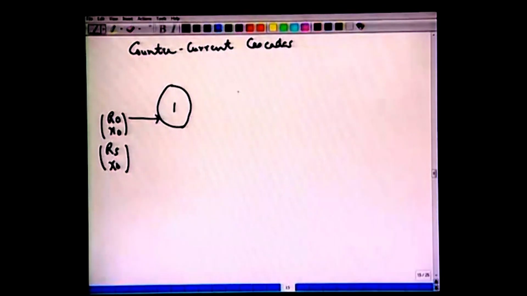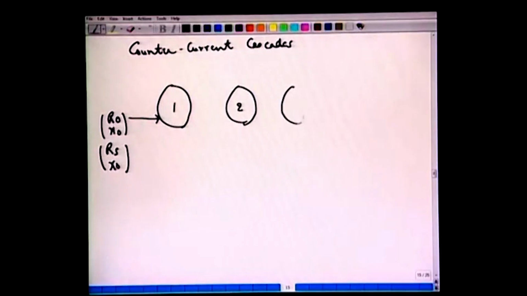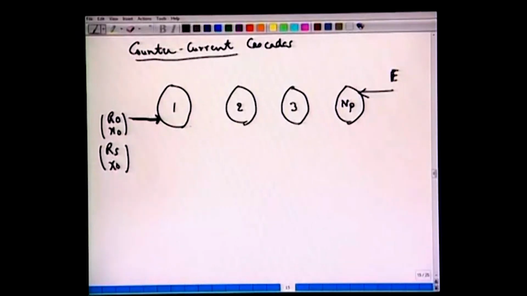And we have stages like 2, or stage 3, or say arbitrarily NP. The only difference is this entering stream R0, and now we have the entering stream from the other side. So, this is a fresh solvent or fresh E phase, extract phase, we are bringing in from the opposite direction, countercurrently. So, we follow the nomenclature.